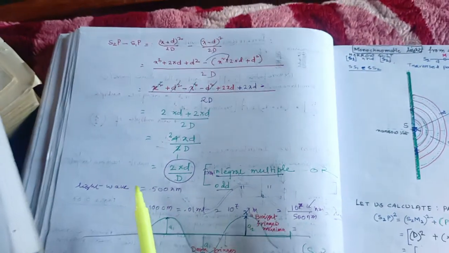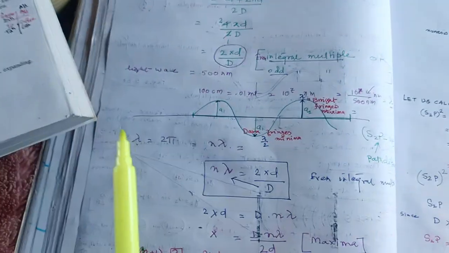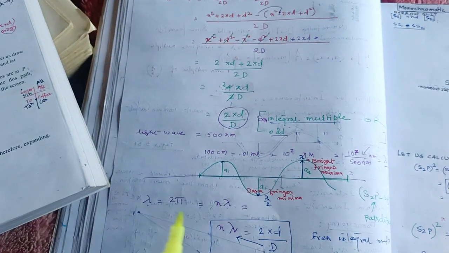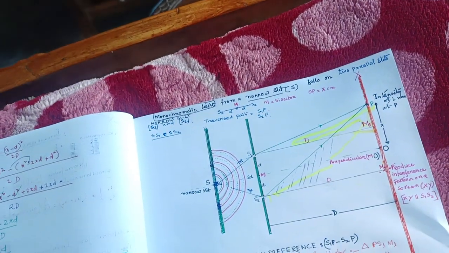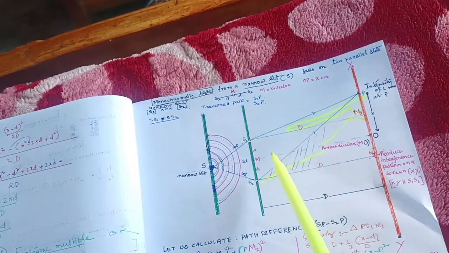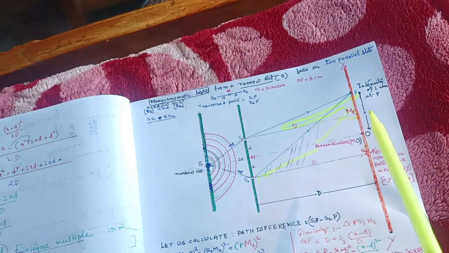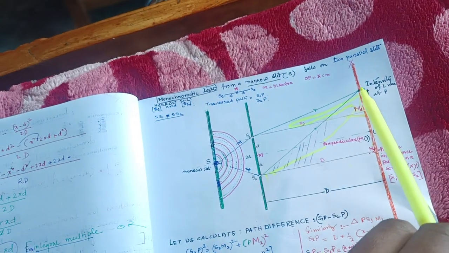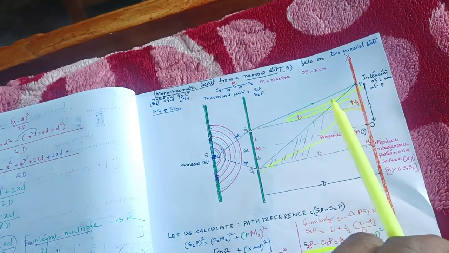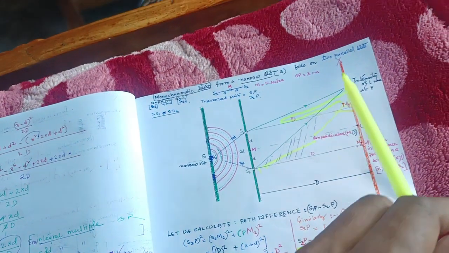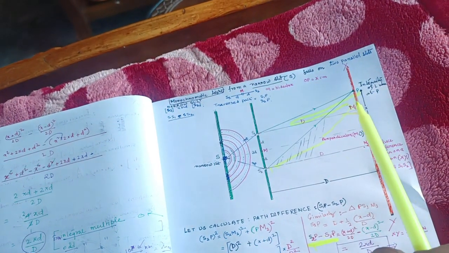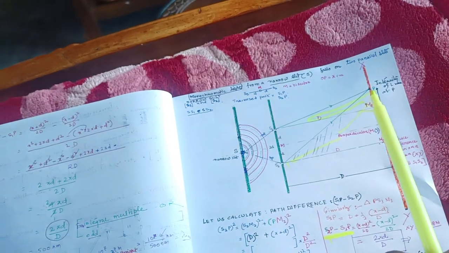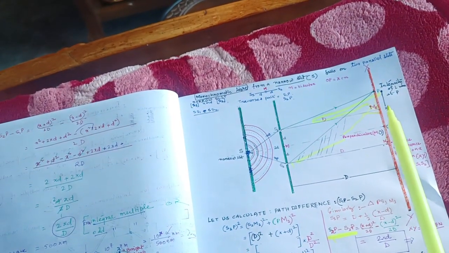Now they will ask you at what distance from the median point the first bright fringe will take place. So this bright fringe will take place at the intensity point P, the first one, at the distance of x.